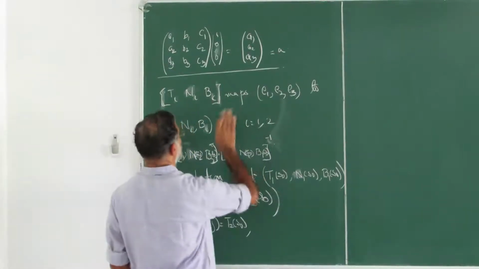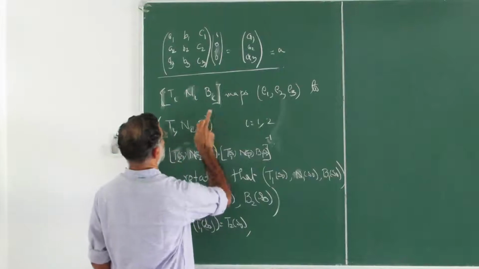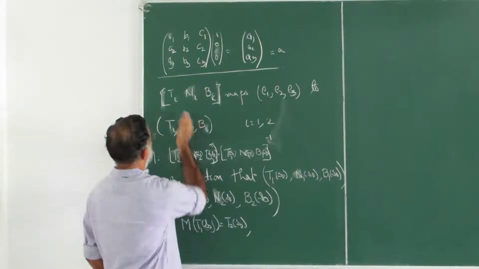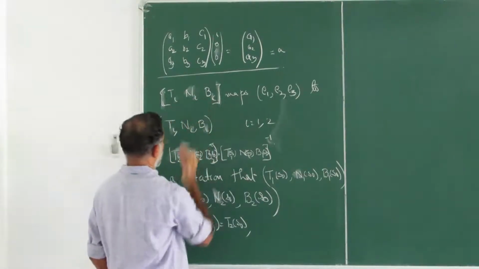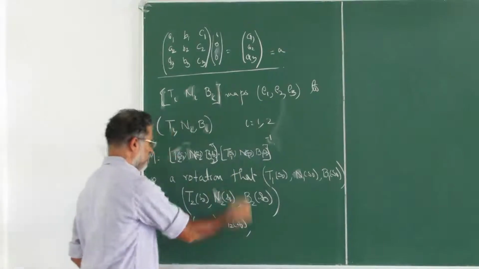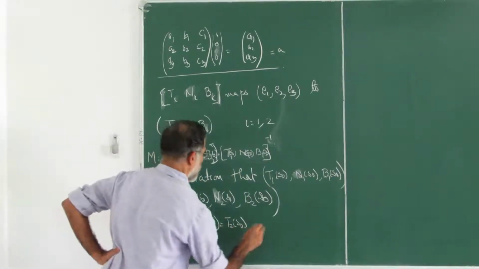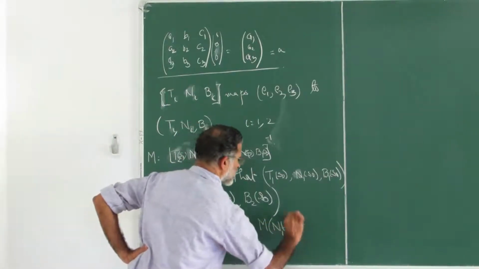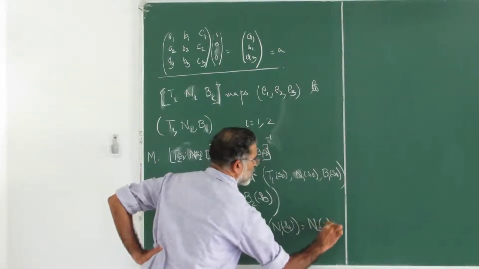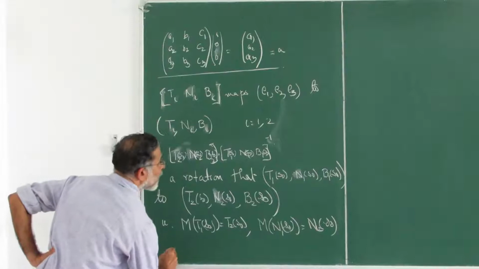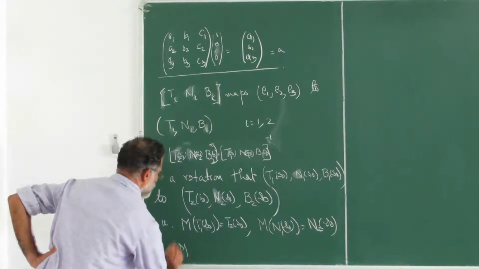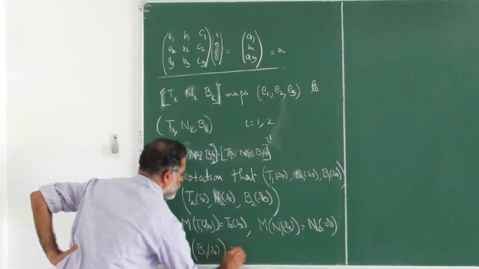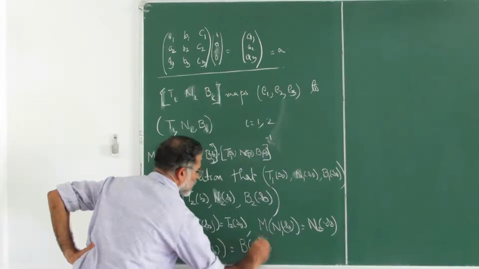At S0 there are two sets of vectors, namely T1 S0, N1 S0, B1 S0, and T2 S0, N2 S0, B2 S0. There we are applying M: M of N1 at S0 is equal to N2 at S0, and finally M of the vector B1 at S0 is equal to B2 at S0.